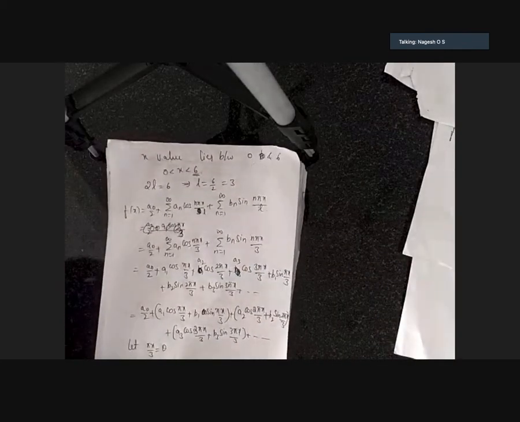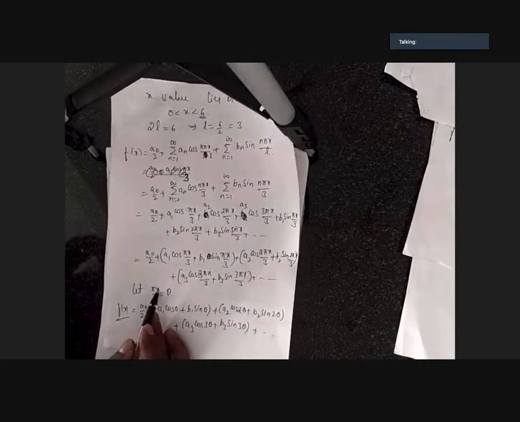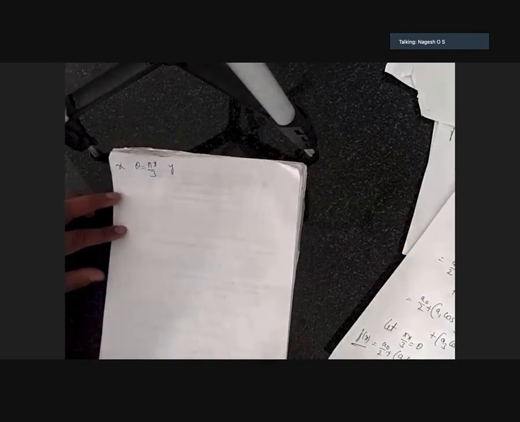X is given, but if you see here, we don't have x. We changed this x to theta. So in between x and y, write theta. What is theta? Theta is pi x by 3, y as it is.